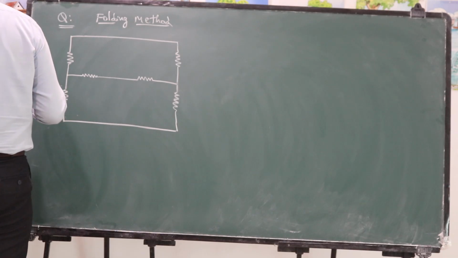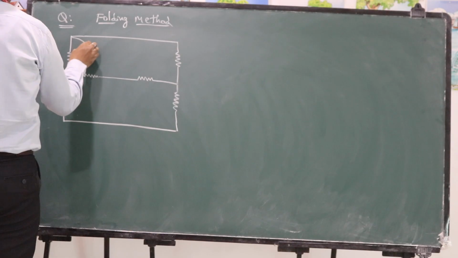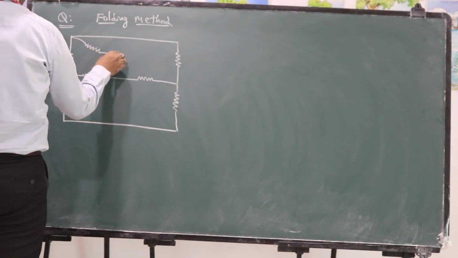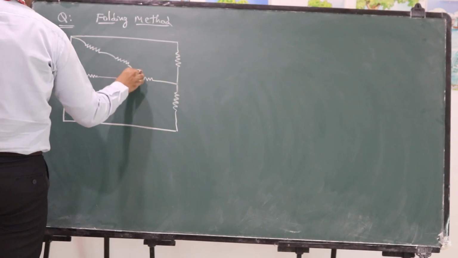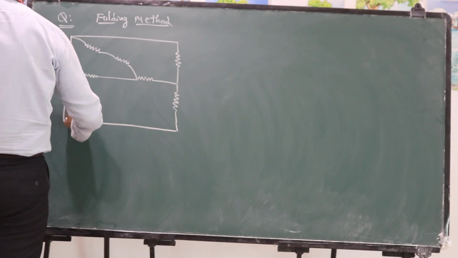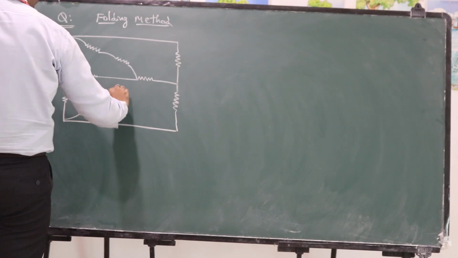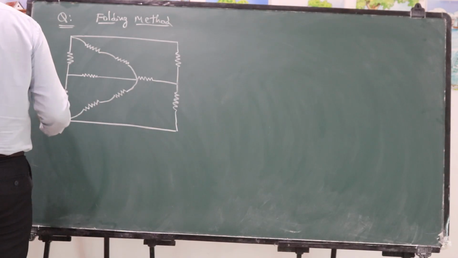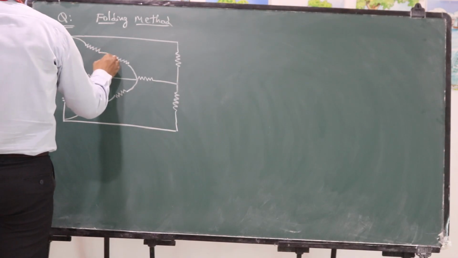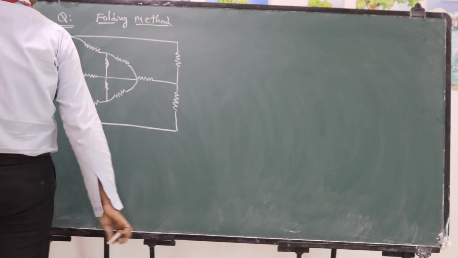And here we have two resistors. Here also we have two resistors, and in between the two resistors one more set of resistors are available like this.